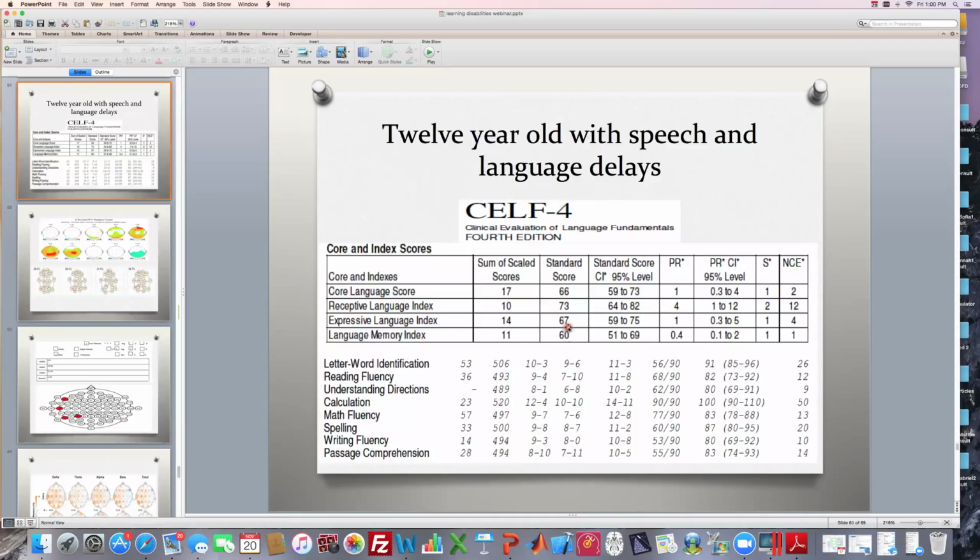You can see there's language deficits. They were 12. These are their reading age equivalent scores. And you can see that they're delayed in almost every area, but their understanding verbal directions, reading comprehension, and reading fluency scores are some of their lowest, in addition to writing fluency.